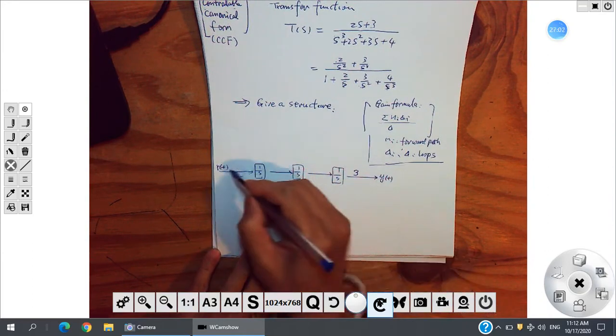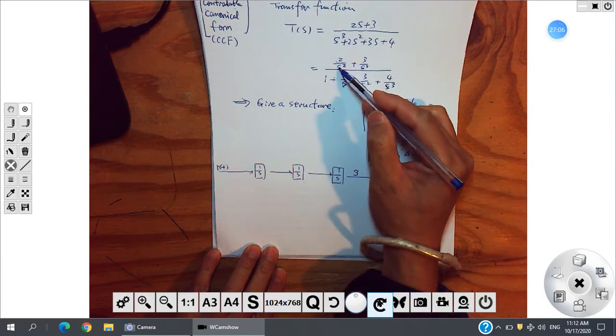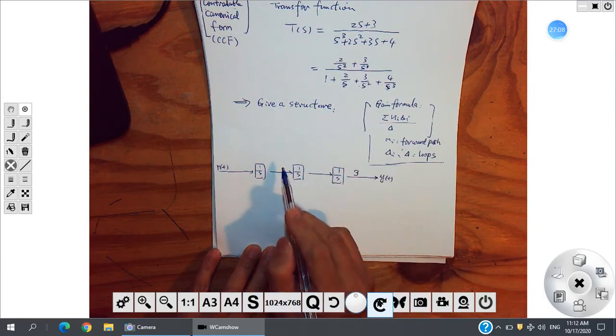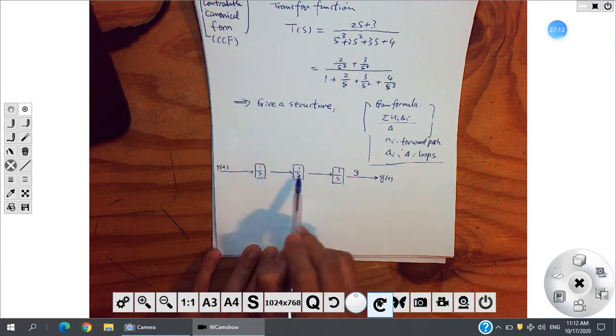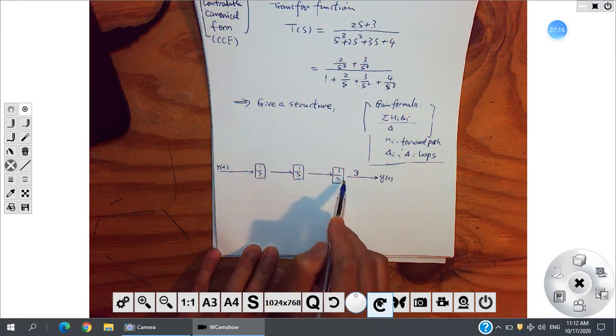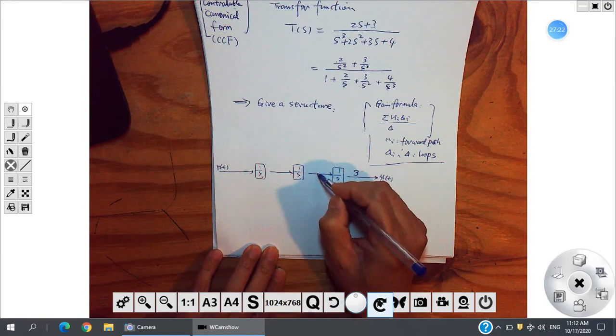This is one path. For the other path, we have 2 over s squared. We have three 1 over s here, but we only need 2, so that path goes across 2 of these 1 over s, with a 2 here.